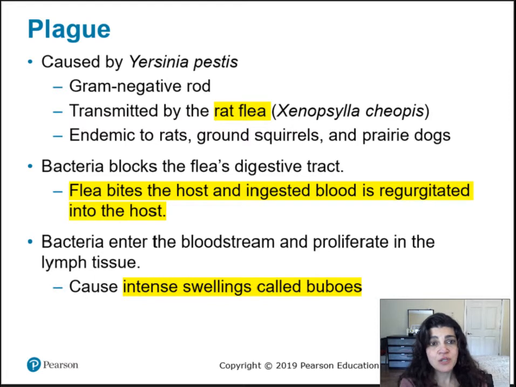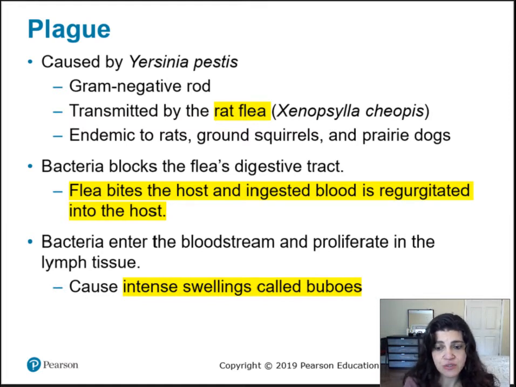Okay, so Yersinia pestis is a gram-negative rod. The rat flea has this Yersinia, right? So that's where they grow. And then the flea bites hosts like rats and humans, which is what transmits the disease.